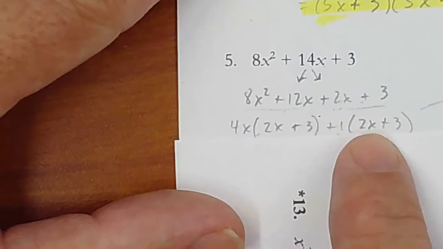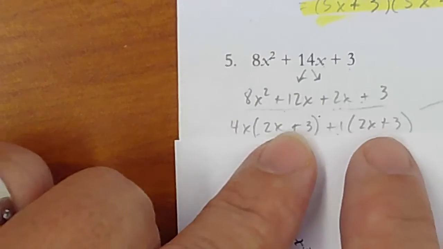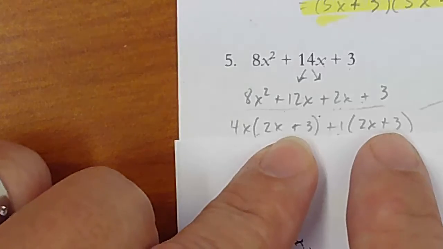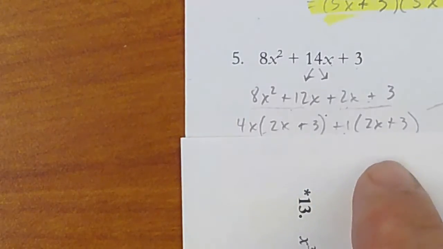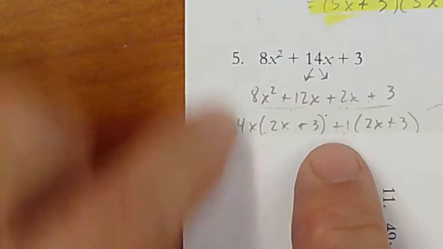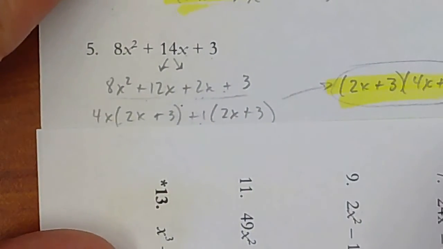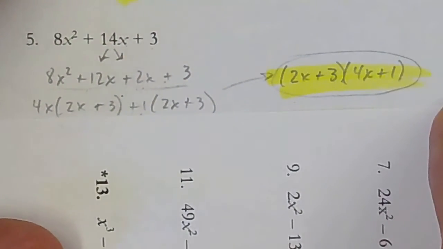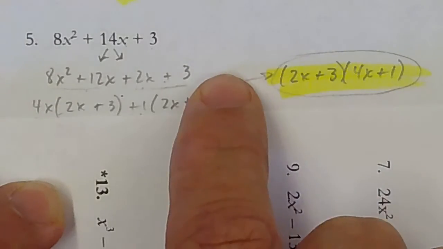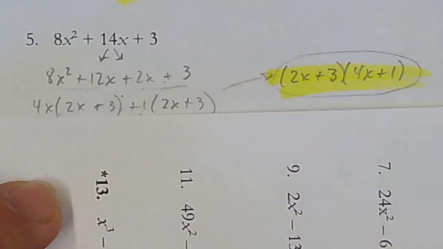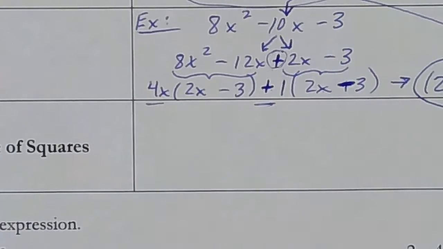So I took out a positive 1. Now 2x plus 3 is in common. So if I take that out of both of these, what am I left with? 4x plus 1. So my final factorization or answer is right here. And of course, you can always have the 4x plus 1 written first. It doesn't matter. Okay, last factoring method is difference of two squares.